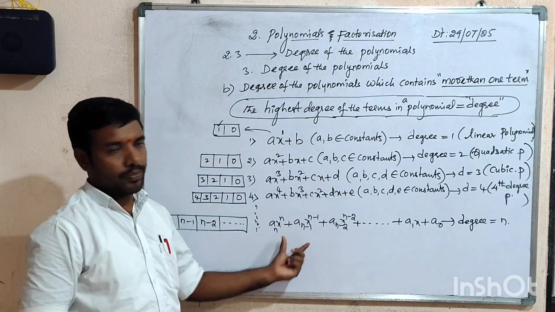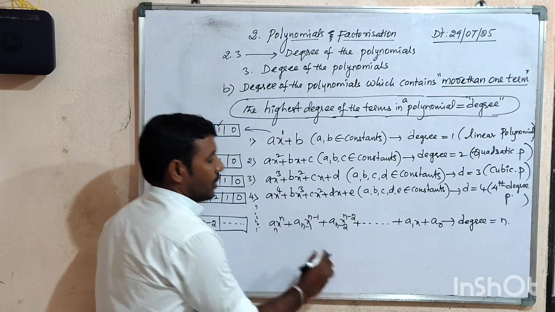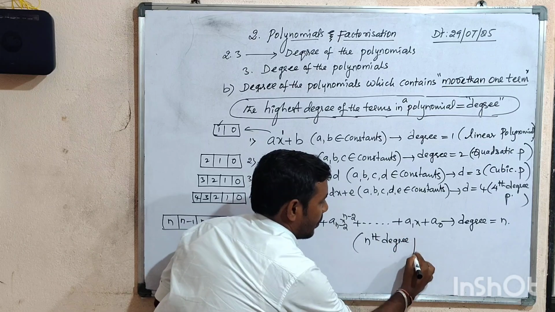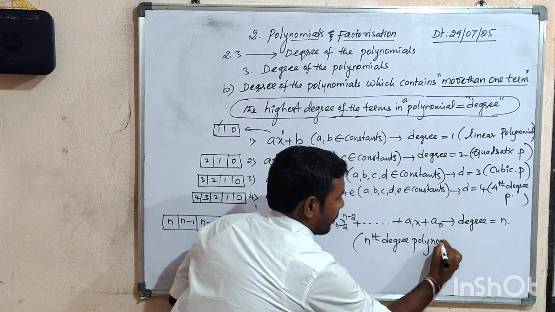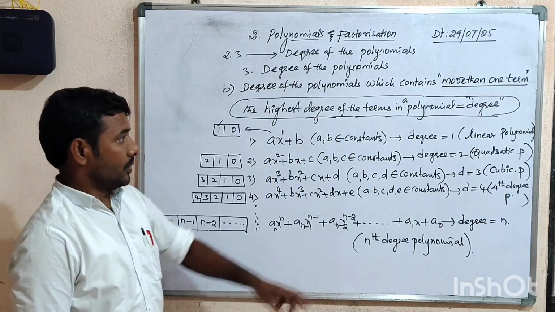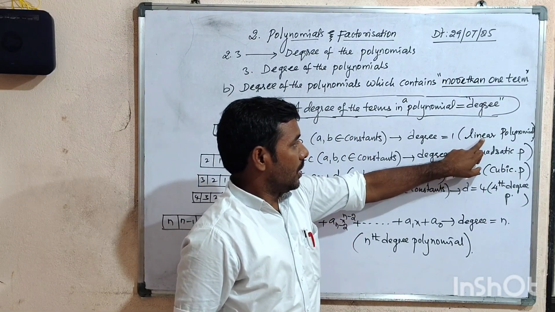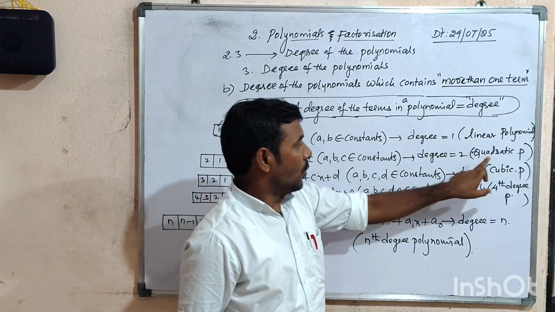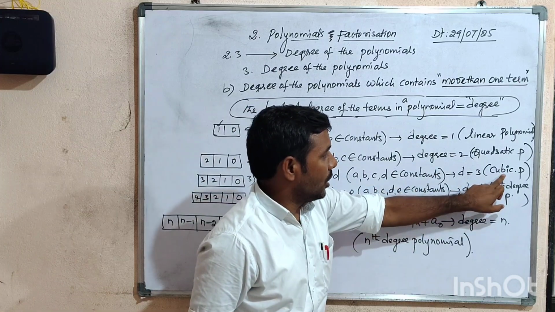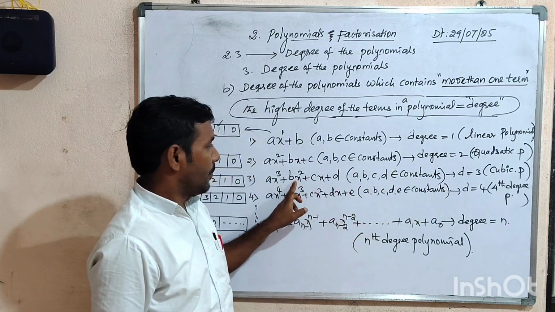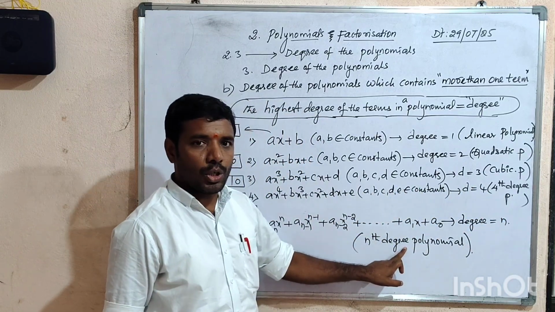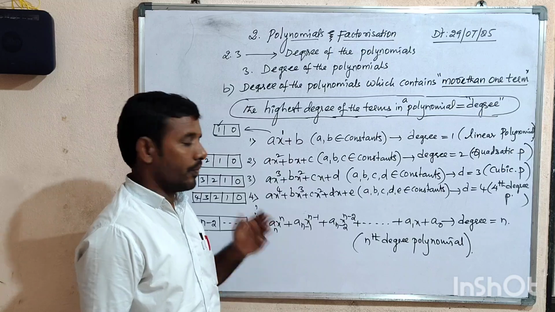So what about this? It is nth degree polynomial. Linear polynomial whose degree is 1, quadratic polynomial whose degree is 2, cubic polynomial whose degree is 3, fourth degree polynomial whose degree is 4, nth degree polynomial whose degree is n.